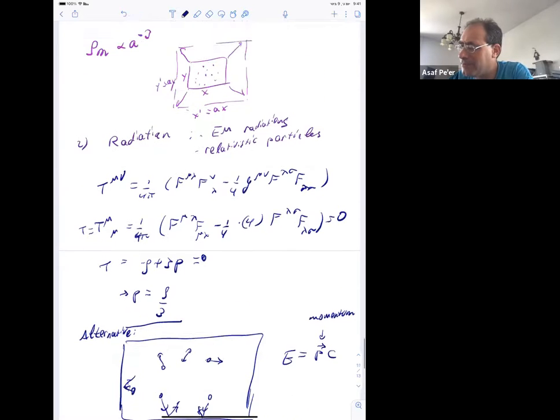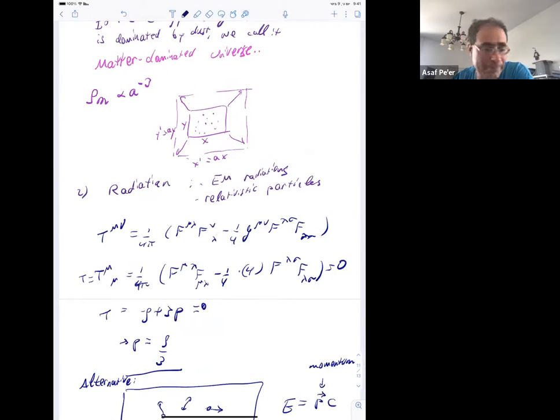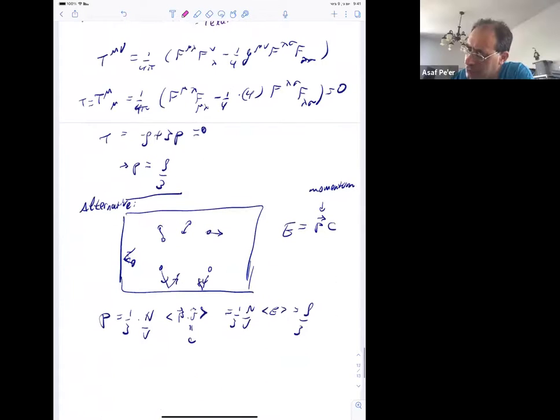How do we call it? I'm quite worried that you're not participating. If the energy density in the radiation dominates over the energy density in the matter, how do we call such a universe? Radiation dominated. Yeah, thank you. That's called the radiation dominated universe.